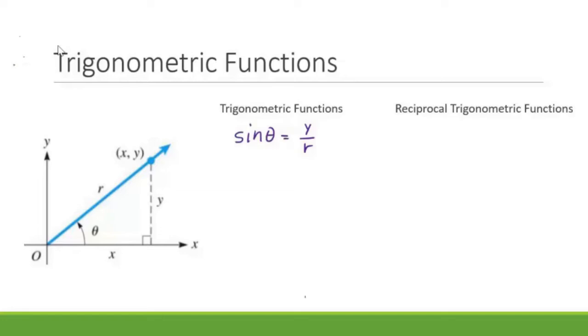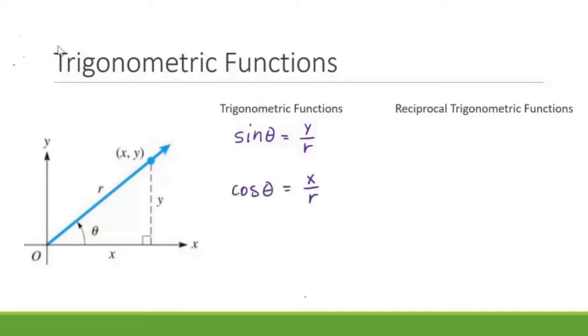If we knew what the ratio was, we could determine what the angle must be that gives that ratio. If we know one of the two side lengths, either y or r, along with the angle, then we can certainly find the other one. So it's not that the side lengths are constant, but with a constant angle, the ratio of the side lengths is constant. If you're interested in the ratio now of x over r, well, that's the cosine ratio.